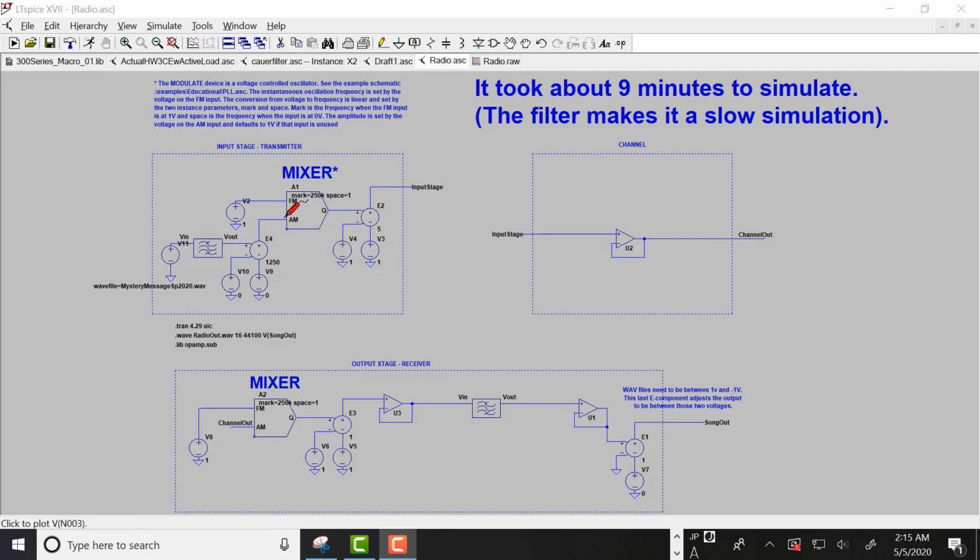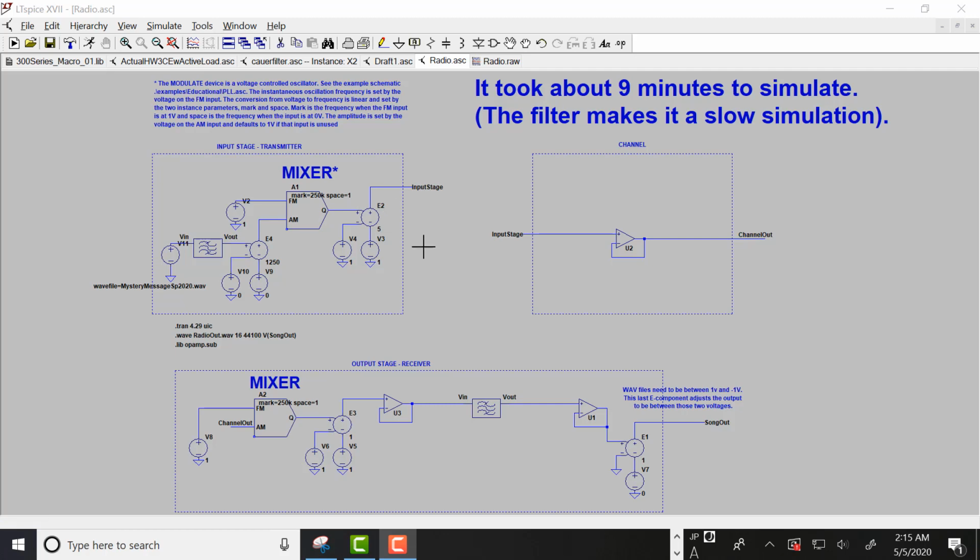And hopefully, like in 228, you had some exposure to amplitude modulation, but what this modulate block does is it basically takes this waveform and multiplies the 250 kilohertz signal by this waveform.